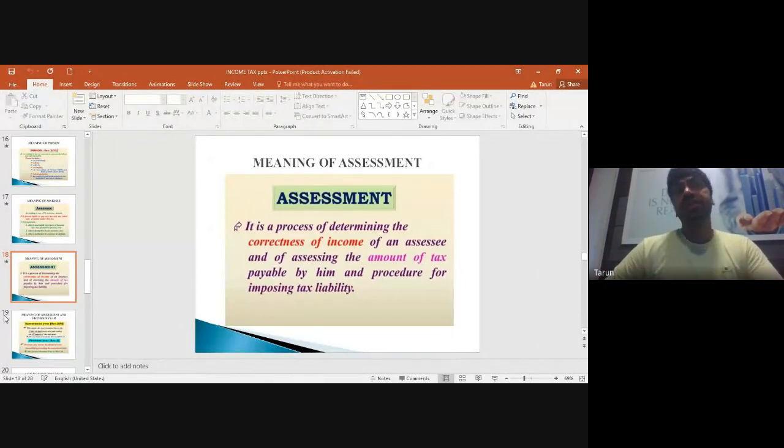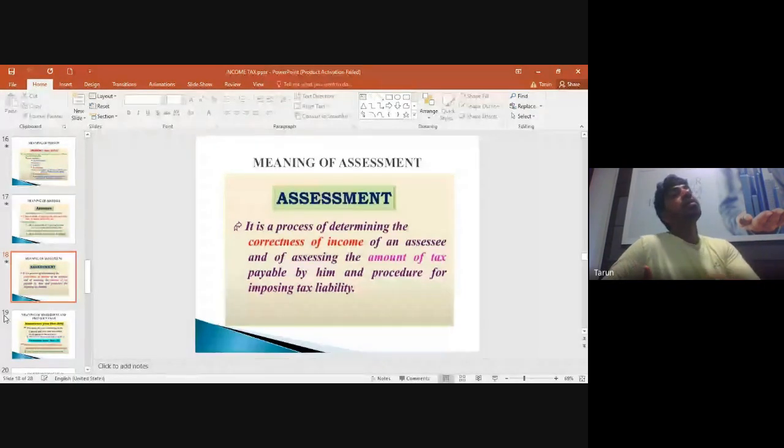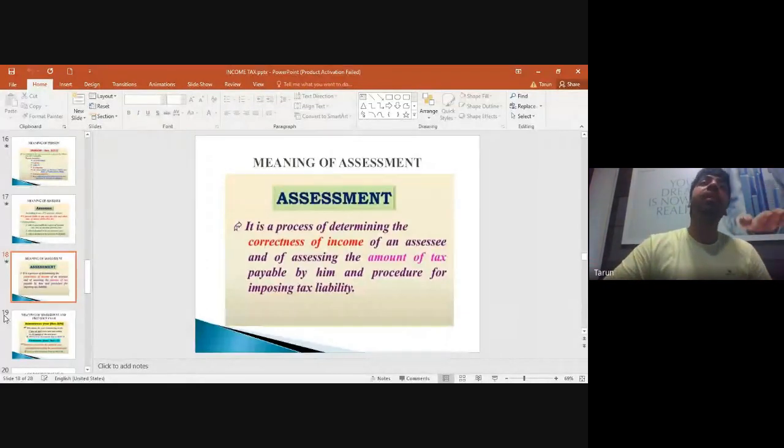That is called assessment. The tax authority has the right to assess whether the income has been calculated in a proper, precise and organized manner or not, and whether the facts shown during the calculation of income and tax are actually correct or not.